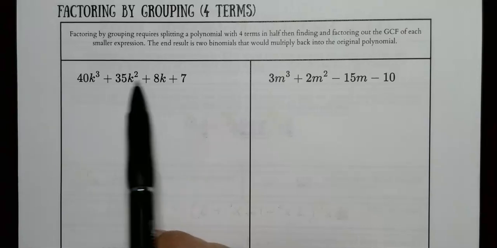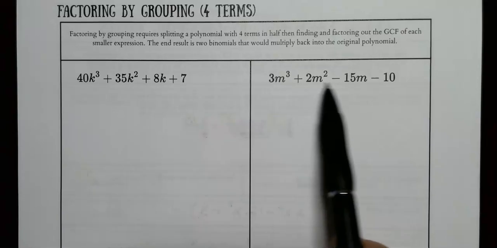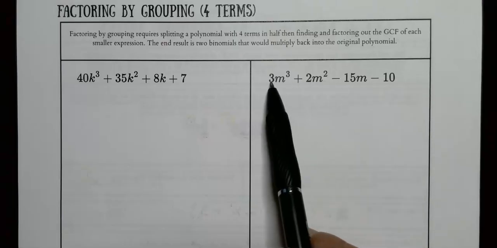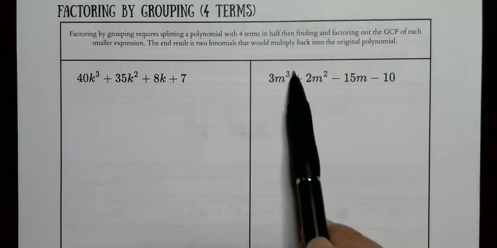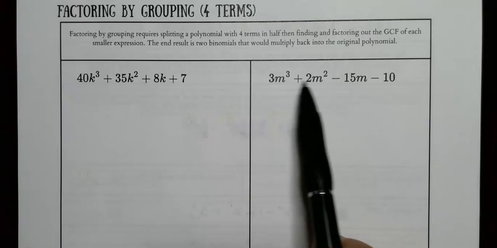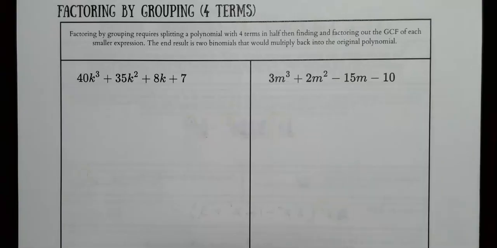Notice I have 1, 2, 3, 4. If you look at this example right here, 1, 2, 3, 4. I'm not just talking about the number, I'm talking about this whole little cluster here. That is considered a term. So there are 4 terms in this polynomial, so we are able to do factoring by grouping.